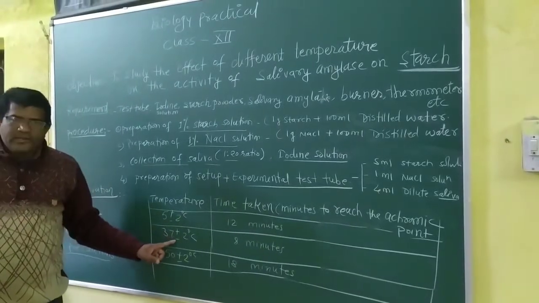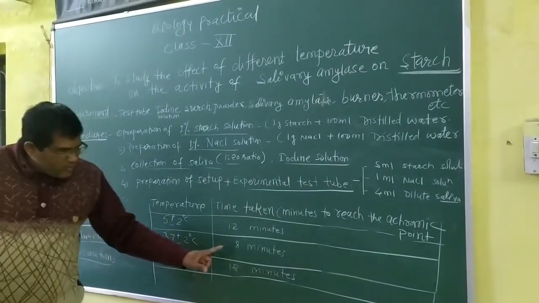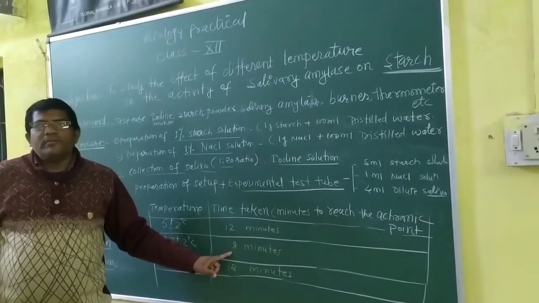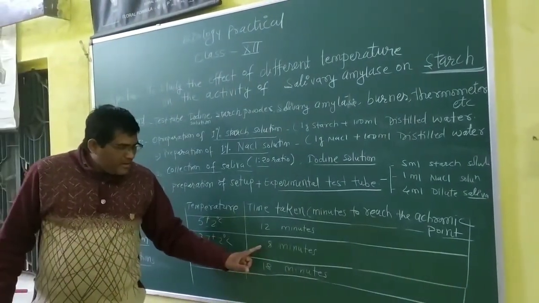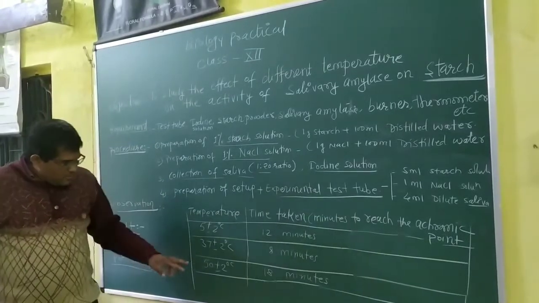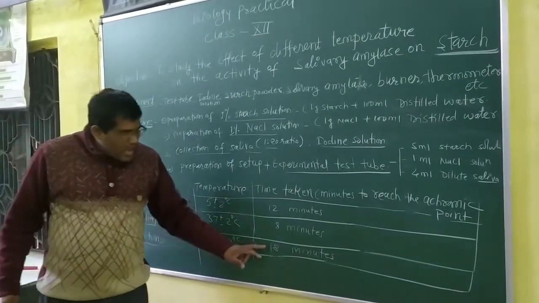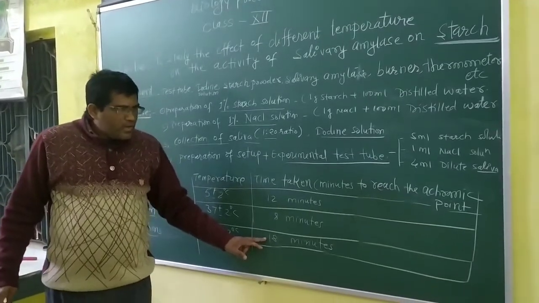But at 37 degree temperature, the achromic point, it means the blue-black color will not come, the iodine remains its usual color, and that is reached at 8 minutes. As the third experiment, at 50 degree temperature, we have received the achromic point.